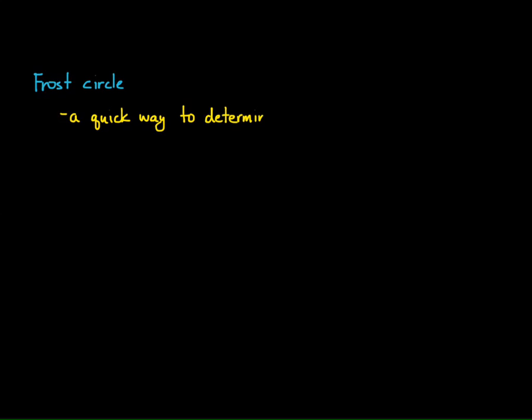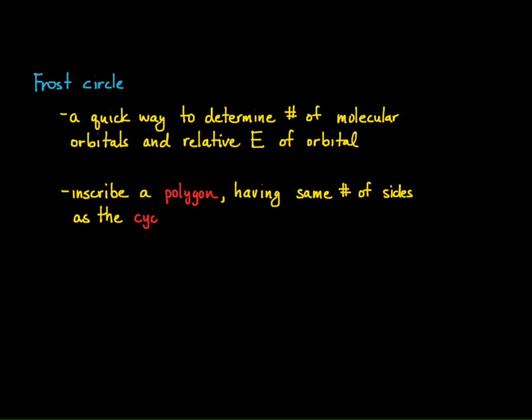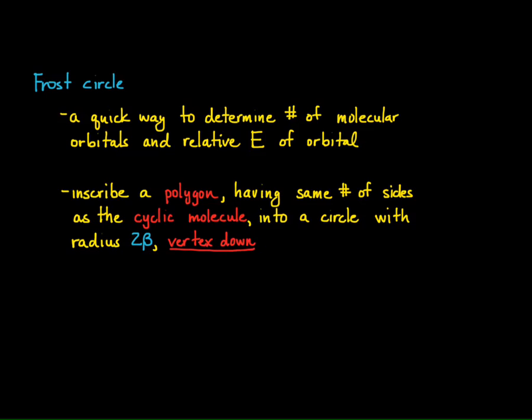So a Frost circle is a quick way to determine the number of molecular orbitals in a particular structure and the relative energy of each orbital in that molecule. The way we construct a Frost circle is we inscribe a polygon, which has the same number of sides as our cyclic molecule, into a circle.